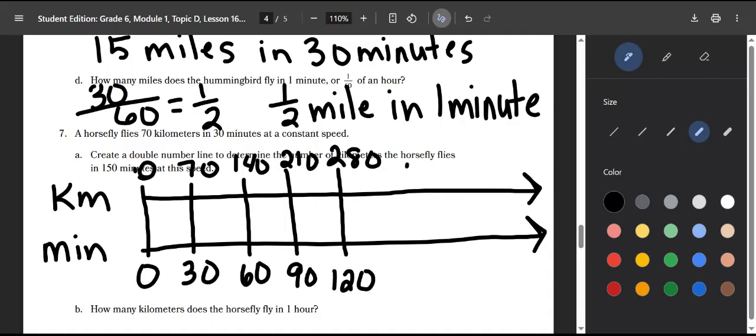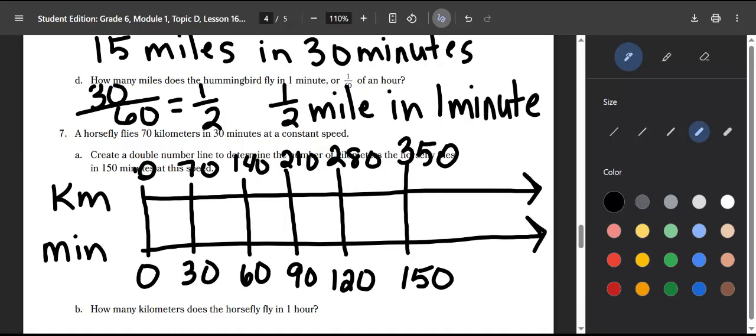And then we'll go one more and say 70 times 5 is 350. And then 30 times 5 is 150.